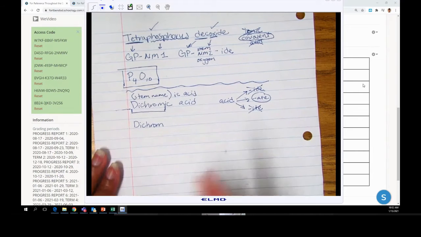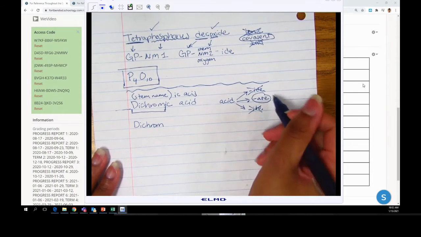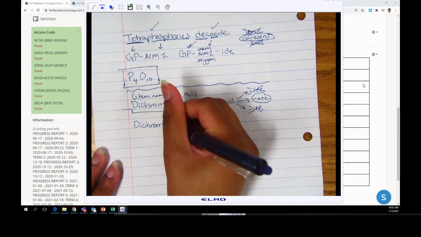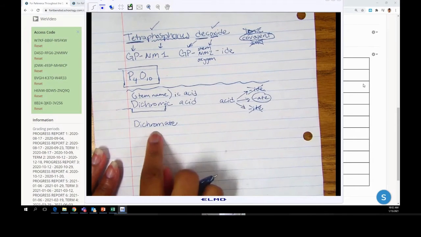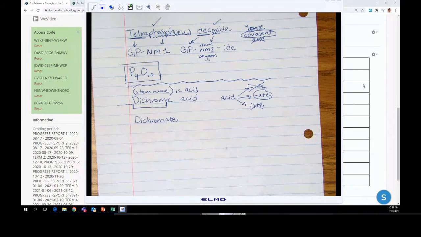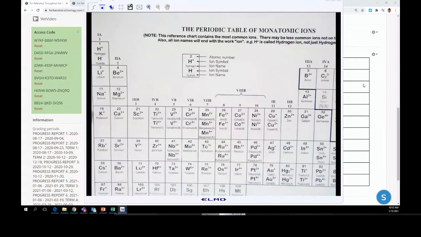To get back the name of the anion, I just have to use the correct anion name ending, which we found out was "-ate". Dichromate. I'm going to need to find dichromate on my polyatomic ion chart. Right, dichromate is not going to be on the periodic table of ions.